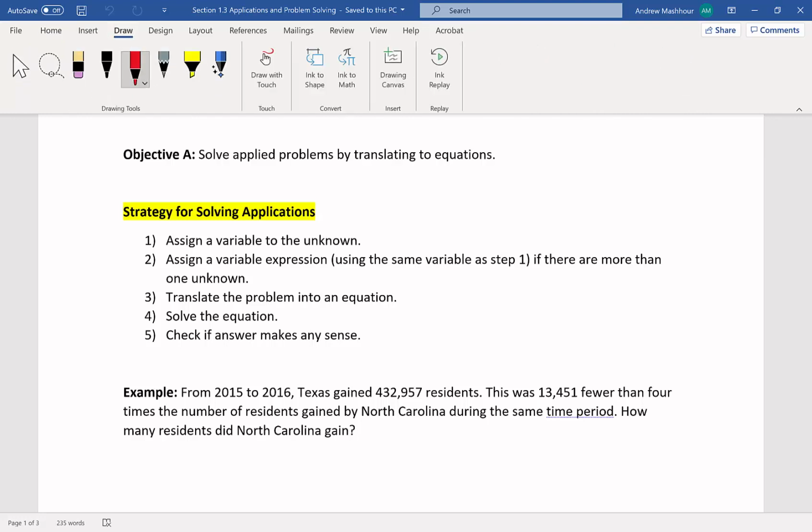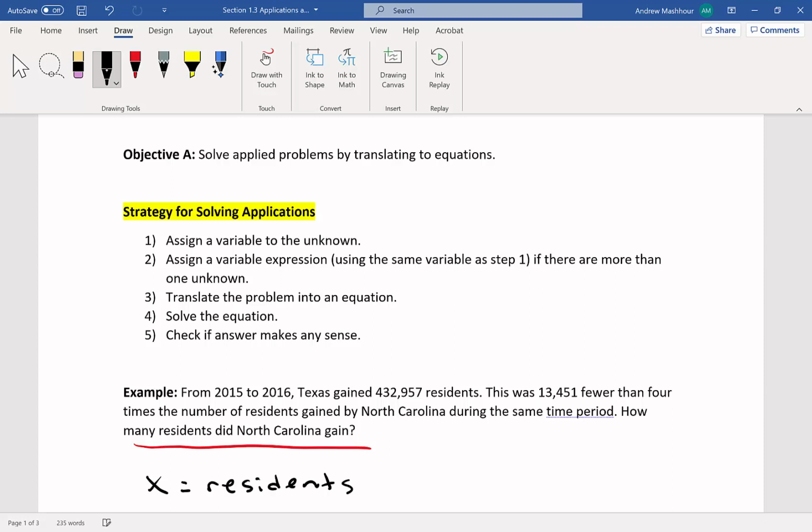What are we trying to figure out? If we take a look at the last part of the example, it's asking how many residents did North Carolina gain? Okay, so this is our unknown. So let's let x be equal to residents North Carolina gained.